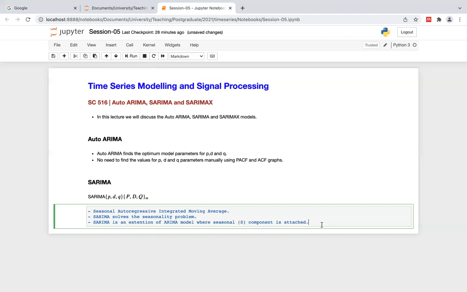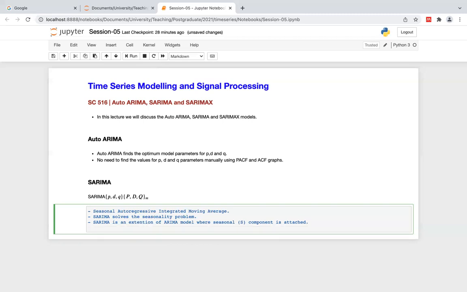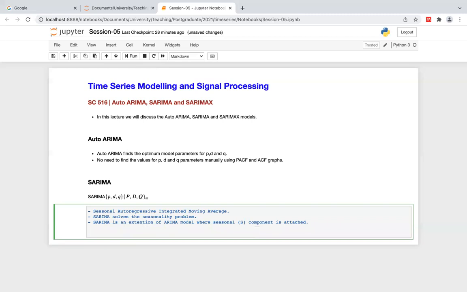What else have we discussed? Actually, let's see the other parameters. I'll list them down. And what is the first one? P stands for, here you can see the PDQ. These are available in the ARIMA model as well.